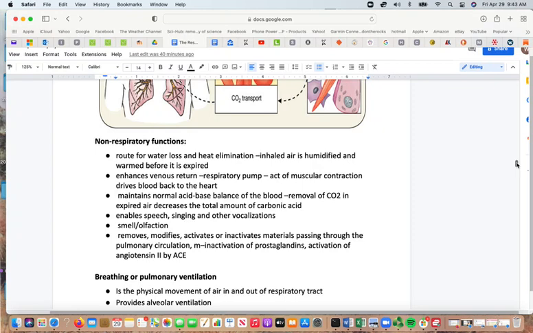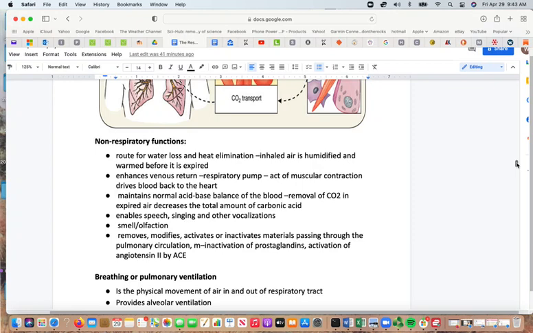It will enhance venous return. So your respiratory pump is going to help with the muscular contraction that's going to drive blood back into the heart. It's going to help maintain normal acid-base balance by removing carbon dioxide from the expired air. It decreases the amount of carbonic acid in the blood.